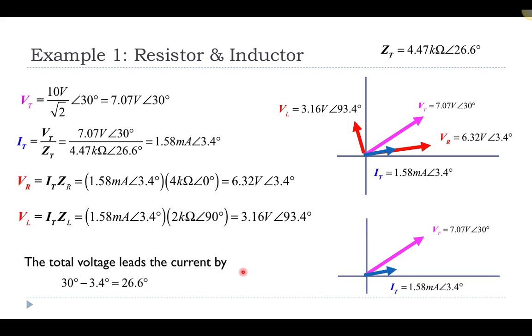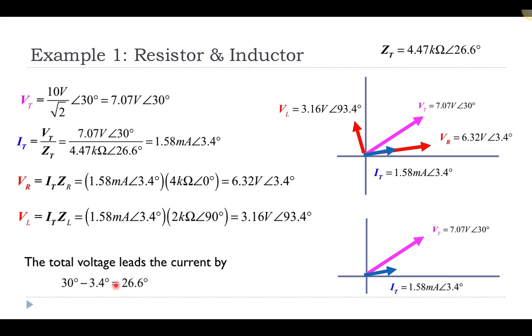Another part to this question asked us to look at the total voltage across the circuit versus the total current in the circuit and how they are shifted from one another. We can find that if we look at the voltage, which is at 30, and the current that's at 3.4, the voltage leads the current by an angle of 26.6 degrees.